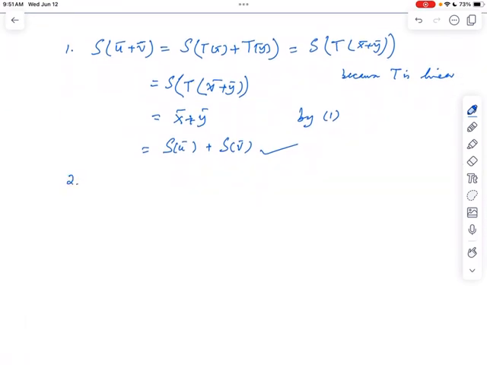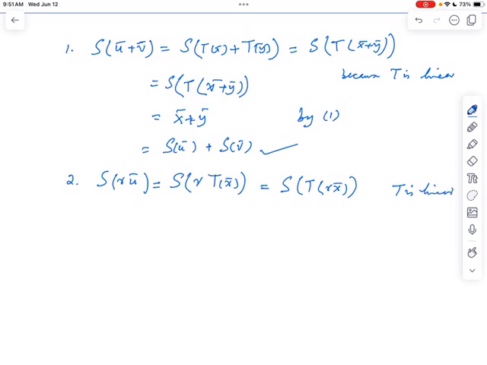The second condition, so we start with S of r times u. So we know that u can be written as T of x. So this is because T is linear, so this will be the same as T of rx. Because again T is linear, that is the reason we can do that.